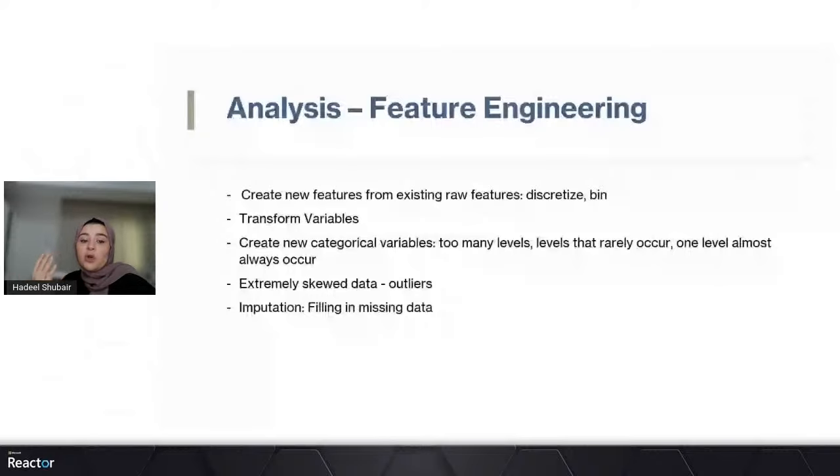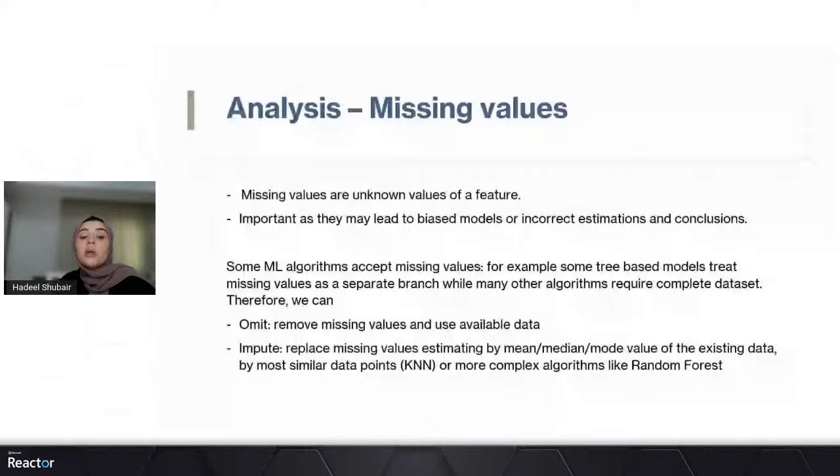So it's very important to know how to deal with that. There are some ways that you can deal with missing values. We can either omit them or remove them and use the available data, or we can impute by replacing them by the mean or the median or the mode value of the existing data. So these are some ways, just to give you an idea, of how we can treat those.